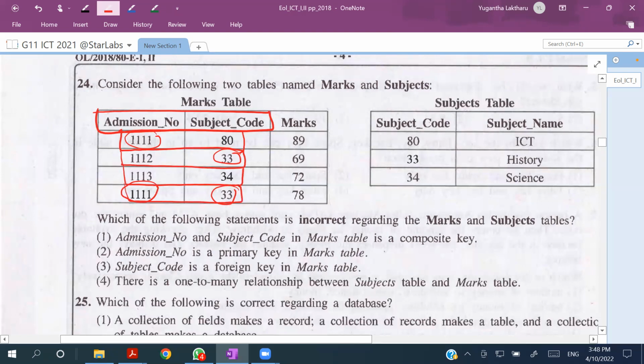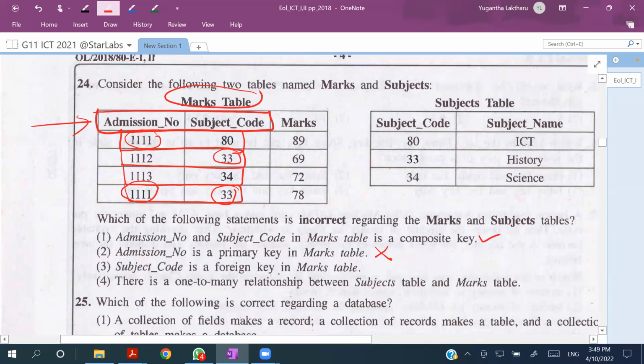So that can be suggested as a correct statement. Admission number is a primary key in marks table. Definitely not. When it comes to the marks table, the possible primary key is going to be the admission number plus subject code, a composite one. So definitely not a primary key to the marks table.